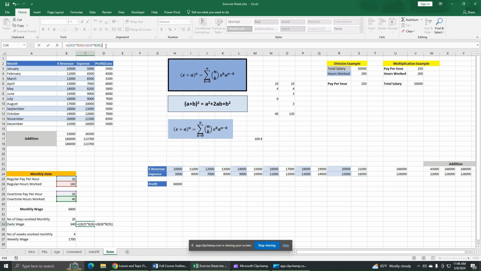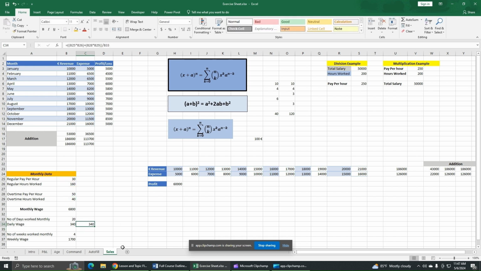Now I am dividing it by the number of days worked. This is a simple formula, try to understand. This gives you regular pay, this gives you overtime pay, and this second bracket indicates that if we add them we'll get the total monthly wage, and then if we divide it by the number of days, we'll get our daily wage.